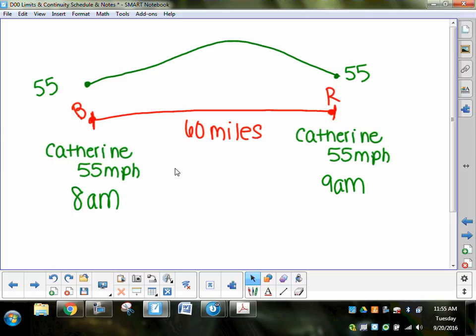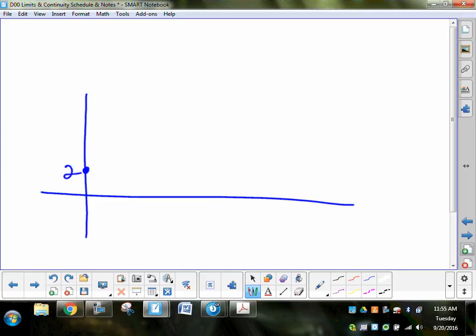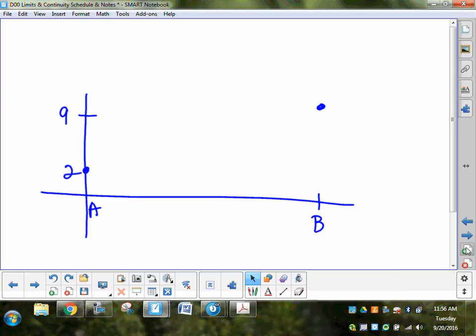If I have a graph, I start off at, let's say, 2, and end at 9, and I tell you that this is continuous from point A to point B, who can tell me a value that this function is guaranteed to take on at some point between A and B?